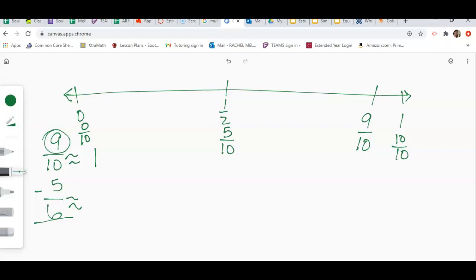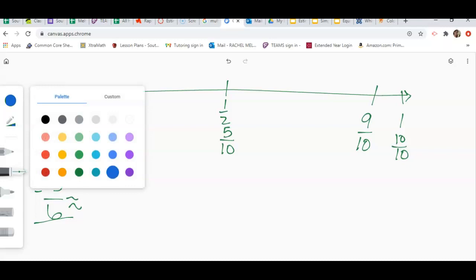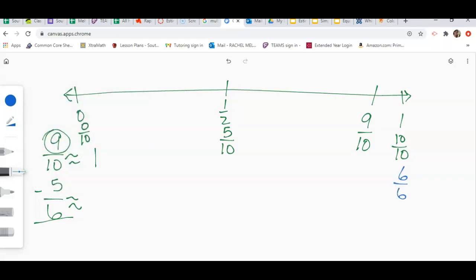Now let's think about the 5/6. Okay, let's get a different color. Okay, this would be 6/6, 0/6, and what is half of 6? So 3/6. So I have a 0, a 3, and a 6. Where will the 5 go?